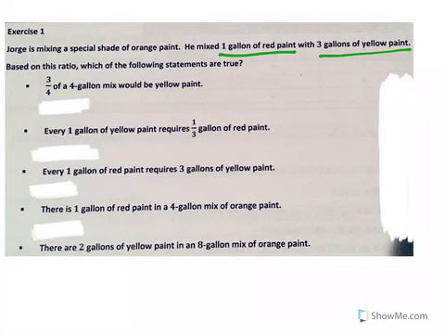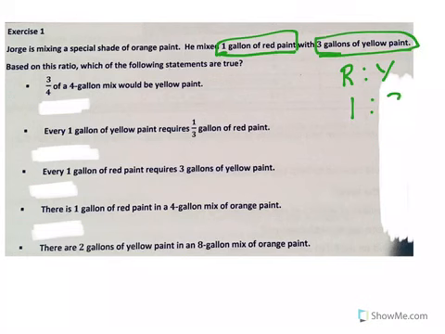Well, the first thing I want to do here off to the side is I'm going to do red to yellow. So I know what that ratio is. And I know it's 1 gallon of red paint. So that's 1. Then over here I know there's 3 gallons of yellow paint. So anytime they're going to make this special kind of orange, for every gallon of red, there's 3 gallons of yellow, which would mean how many gallons are in a 4-gallon mix?